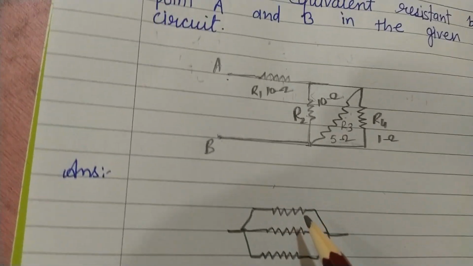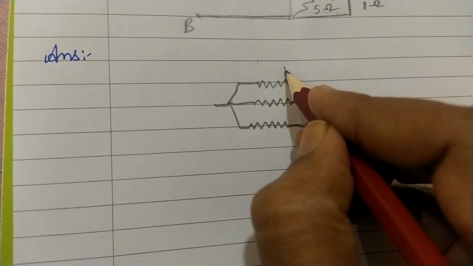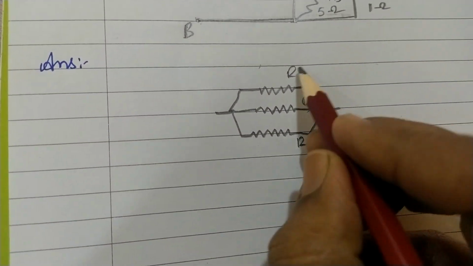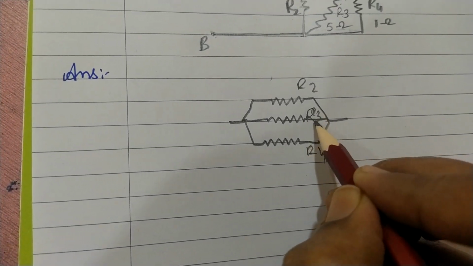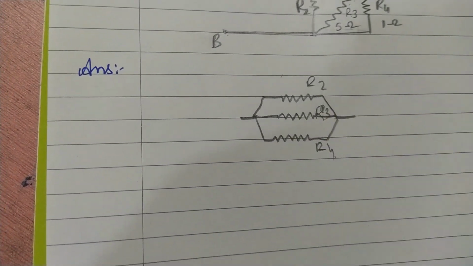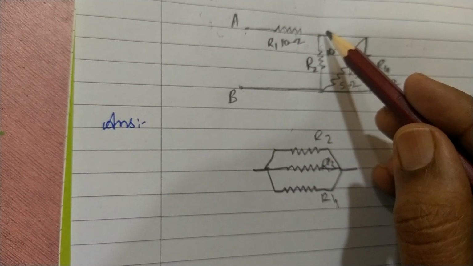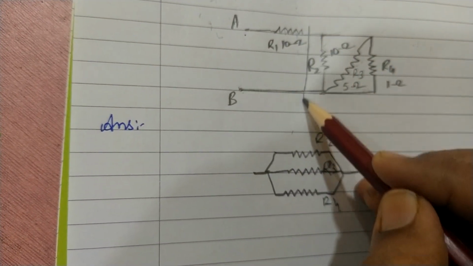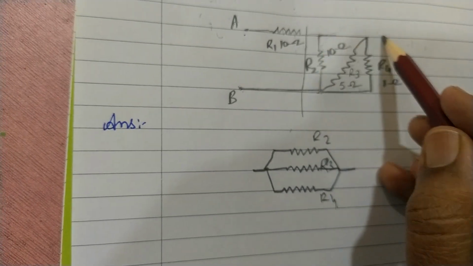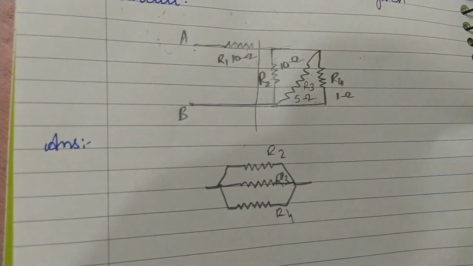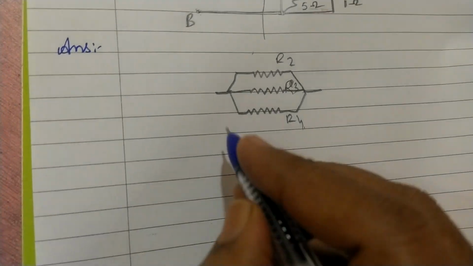So I'll rearrange that here. This is R2, R3 and R4. First we will calculate the equivalent resistance of this parallel mode connection, and we will forget about the rest.